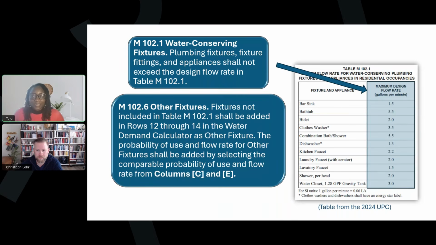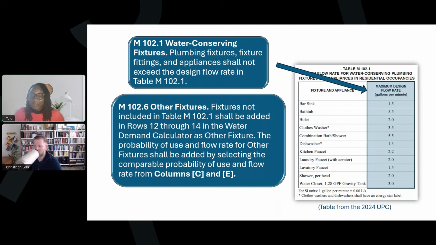Okay. The water demand calculator was developed using data from over 1,000 residential buildings. That's how we got the probability of fixture use, which is based on the duration of when water is flowing at the different fixtures. We were also able to monitor the different flow rates from the fixtures in all the buildings.